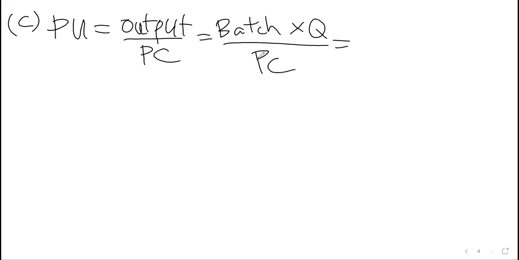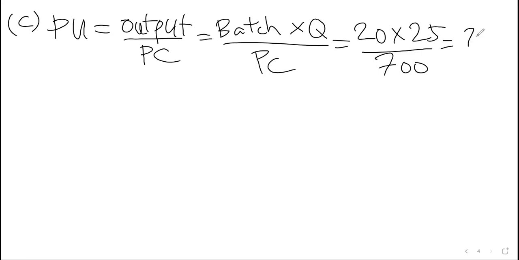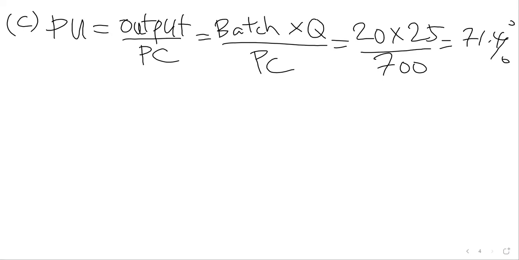So you have 20 batches multiplied by Q, which is 25, divided by PC, which is 700. You can get 71.4%. Okay, that's the answer for C.